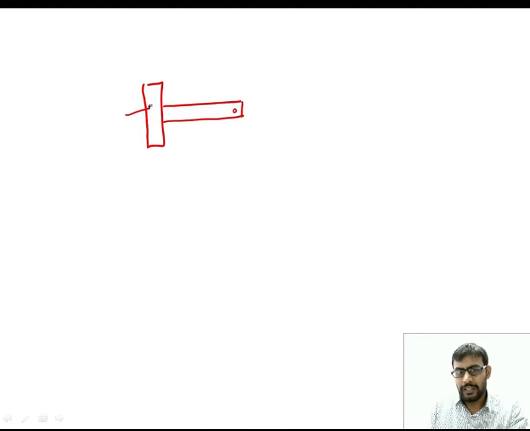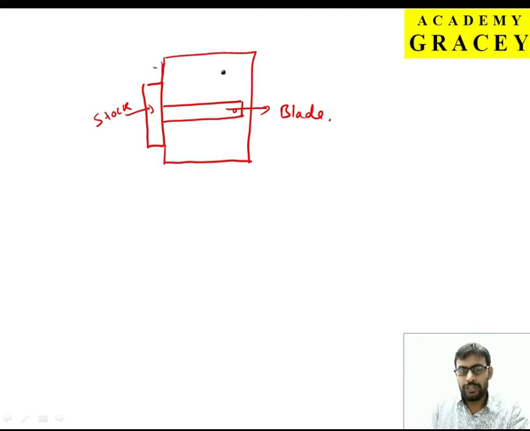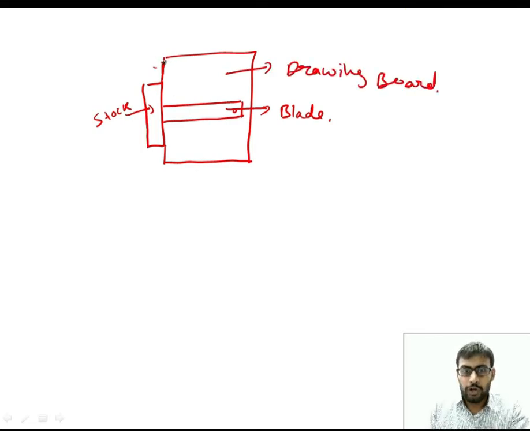Basically this portion is called the stock portion of your T-square and this portion is termed the blade portion. If I am plotting on a drawing board, this T-square's stock edge coincides with this edge of the drawing board. Now you can see this top portion coincides with the working edge of your drawing board.